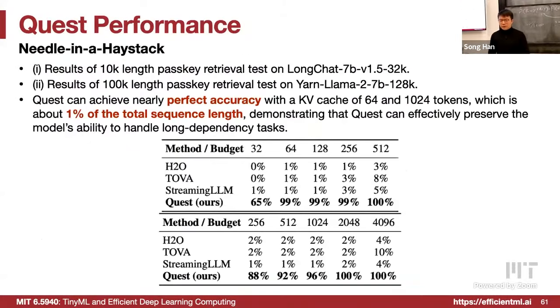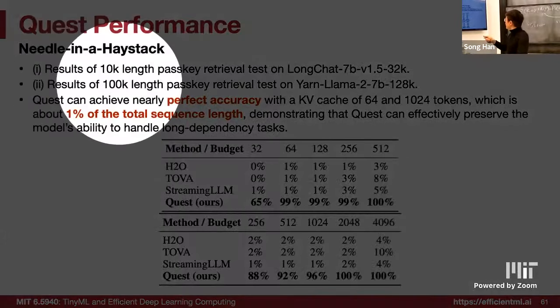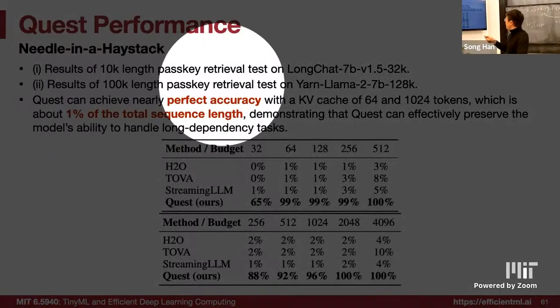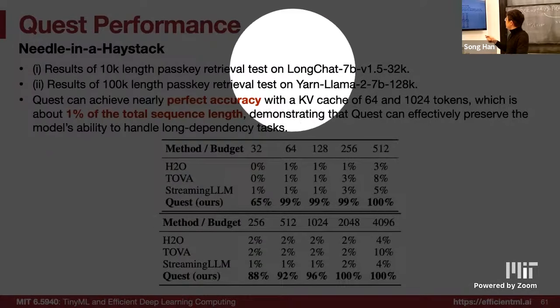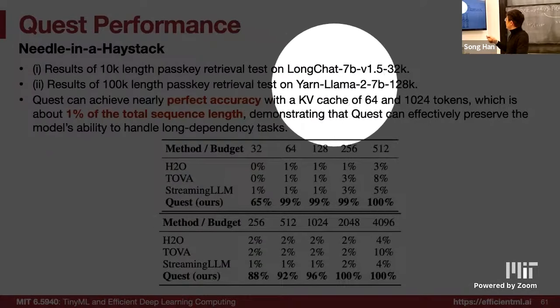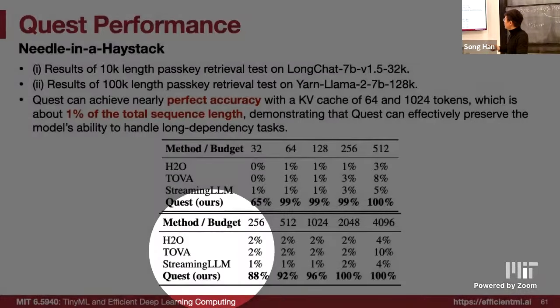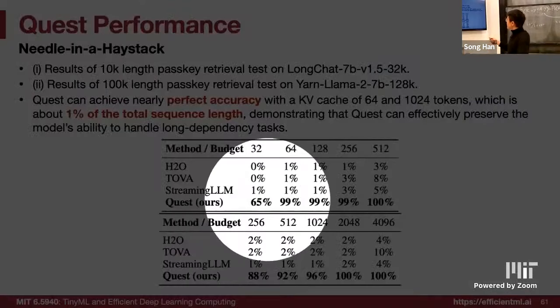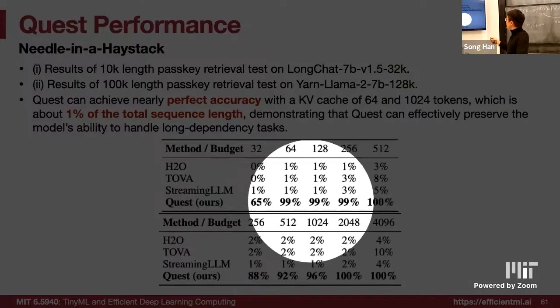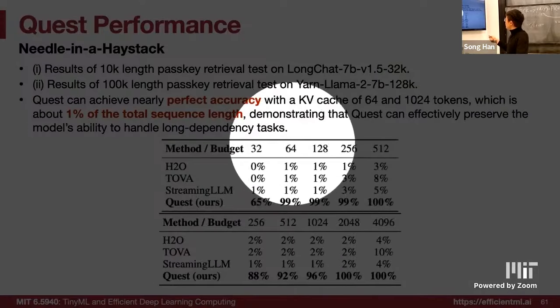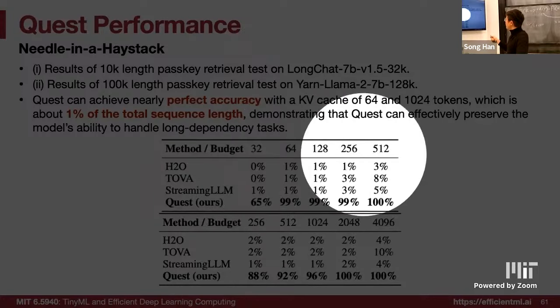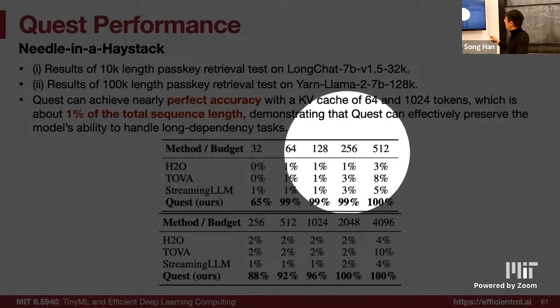Okay, let's see how that performs. This is 10K versus 100K passkey retrieval. This is on LongChat, on Llama, the first part versus the second part. We can see Quest can achieve almost perfect accuracy with a cache size of 64, and at 512 it is 100%.